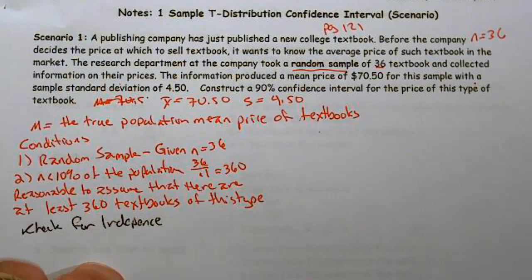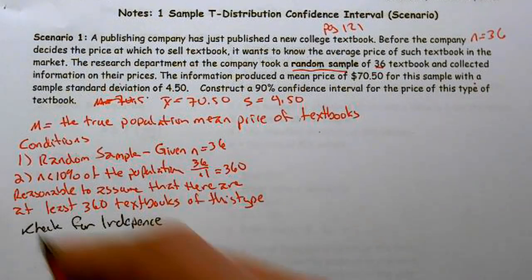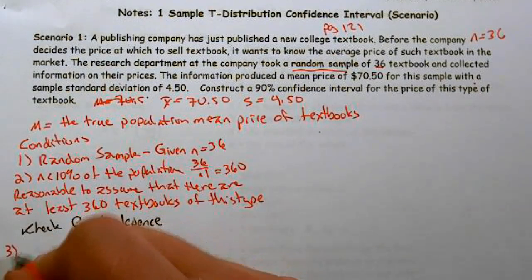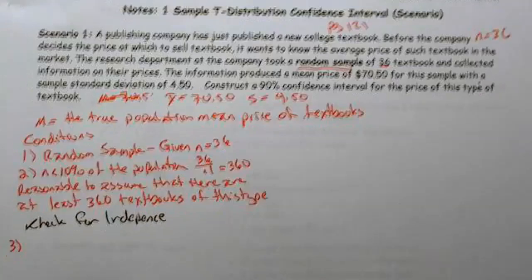We used to talk about this giant pile of M&Ms, and I would draw one and I would eat it, and the percentage of colors changed. But it changed so minimally, we didn't worry about it. We said it was close enough to being independent that we didn't worry about it. Well, here we said, you know what, as long as it's less than 10%, we don't worry about it.